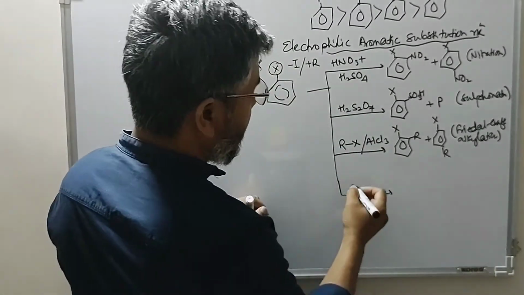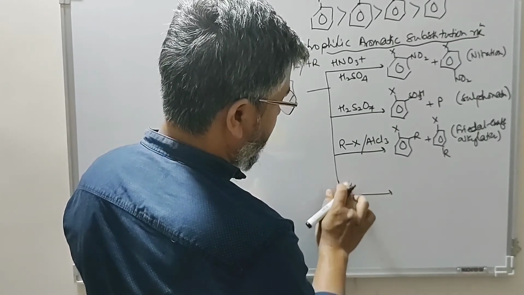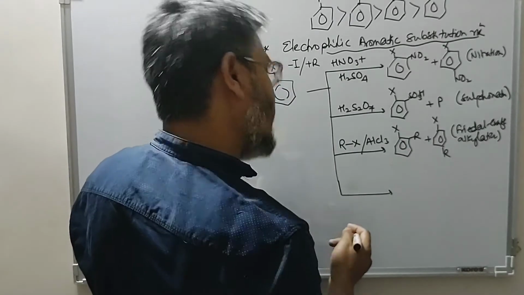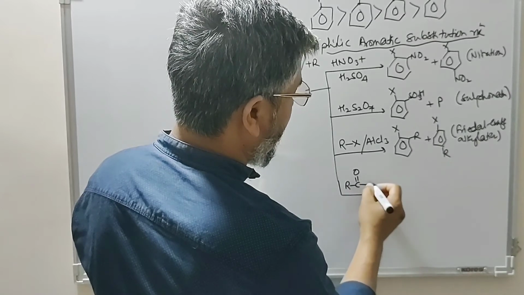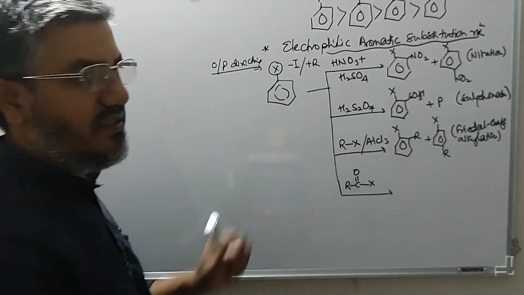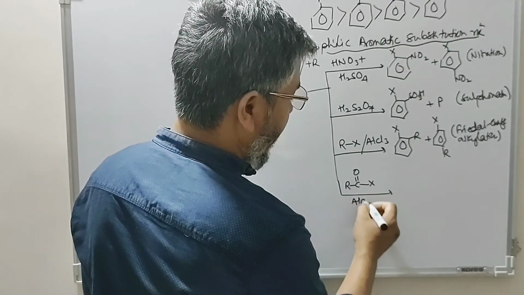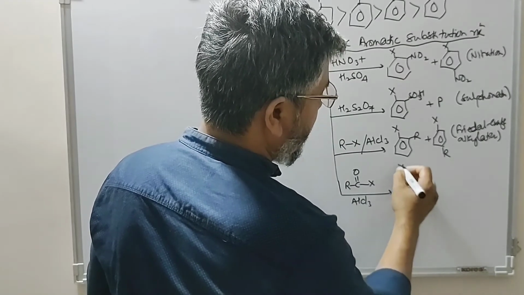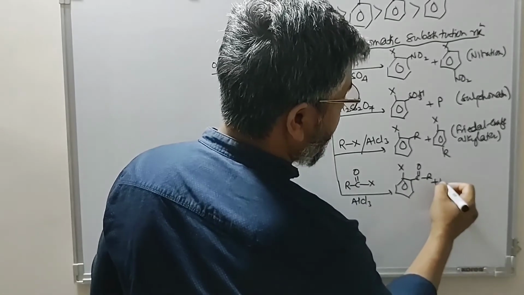When we carry out this reaction with RC double bond O X, an acyl halide, in the presence of catalyst, an acyl group is introduced at ortho and para positions. This is the ortho compound plus we have this.